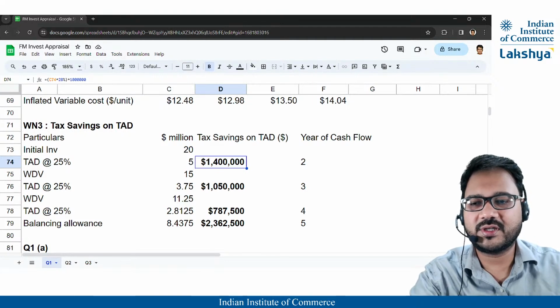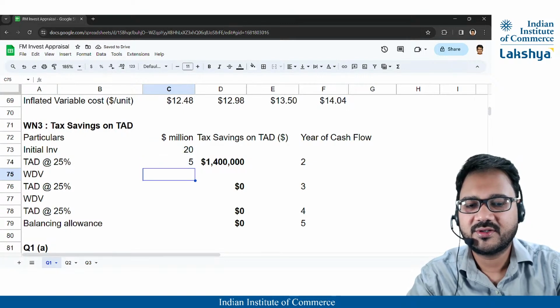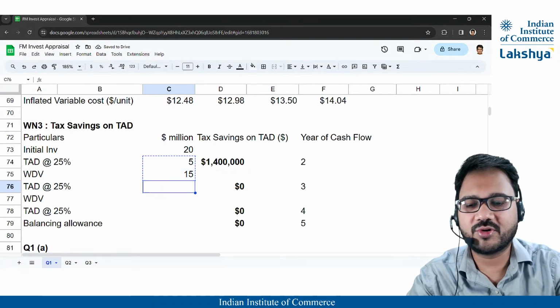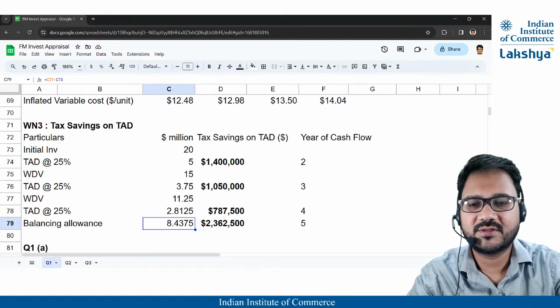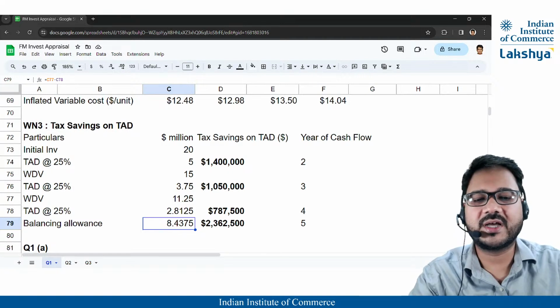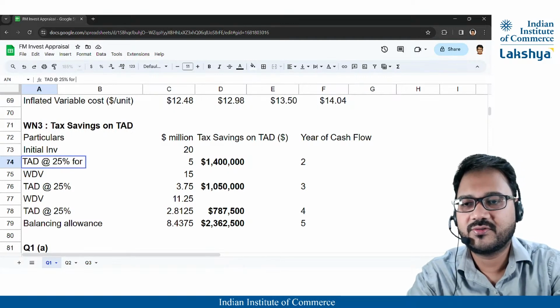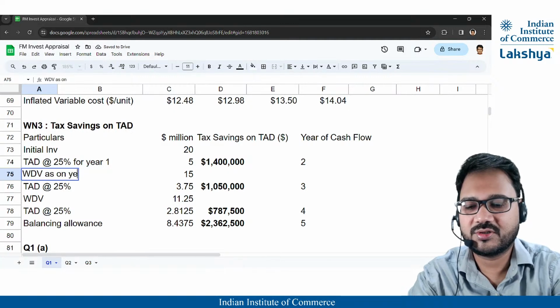Similarly, the way you could proceed with this is very simple. Once you find this, all you have to do is 20 minus 5, 15. Then you can just copy paste and get your answer. Very simple, right? I always remember in the last year, there will not be, so this is TAD for year, as on year 2.